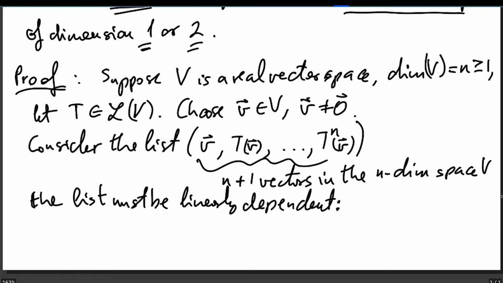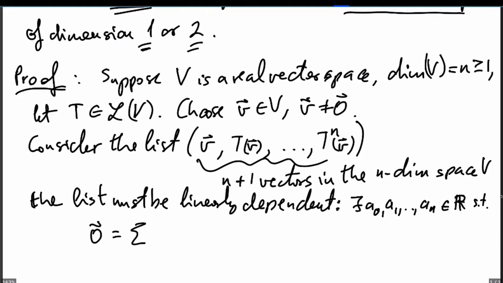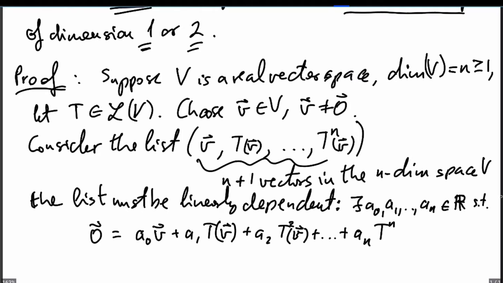So by the definition of linear dependence, there exist scalars a0, a1, ..., an, by the way, they are supposed to be real numbers, such that we get the 0 vector as a linear combination of these vectors: a0 v plus a1 Tv plus a2 T squared v all the way up to an T^n v.